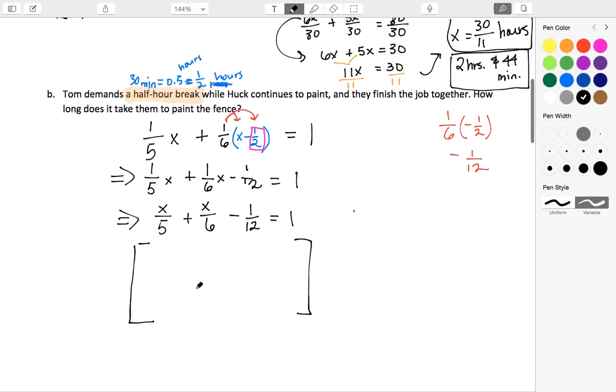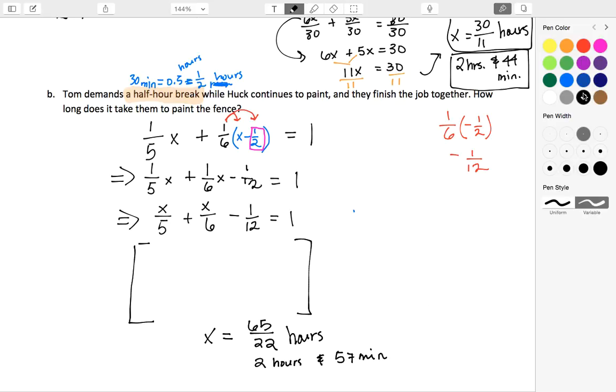In your notes, knowing that your answer should be x equals 65 over 22. Okay, 65 over 22, which, well, this is in hours, will be about 2 hours and 57 minutes.